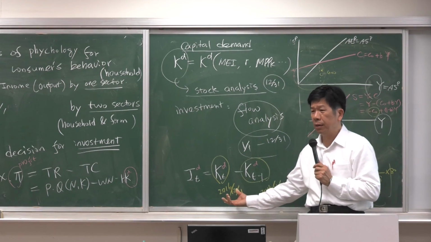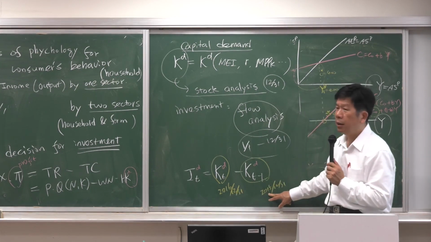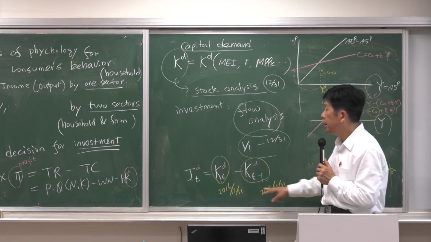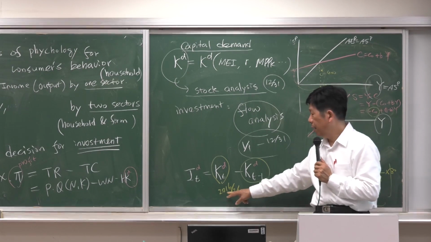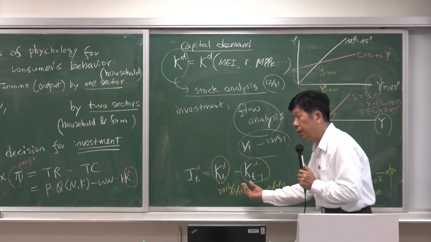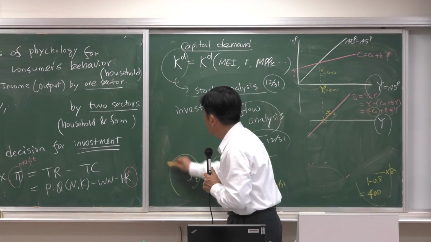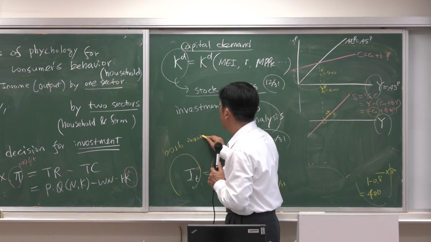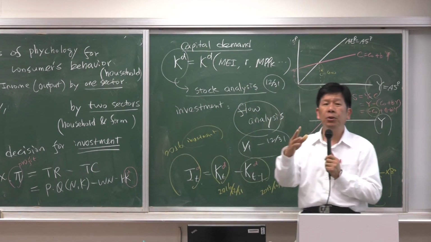When we calculate between, this is from 2015, December 31, and this represents 2016, December 31. And you can calculate, and then you can find this represents the 2016 investment. So can you get the point? How much you do the investment?